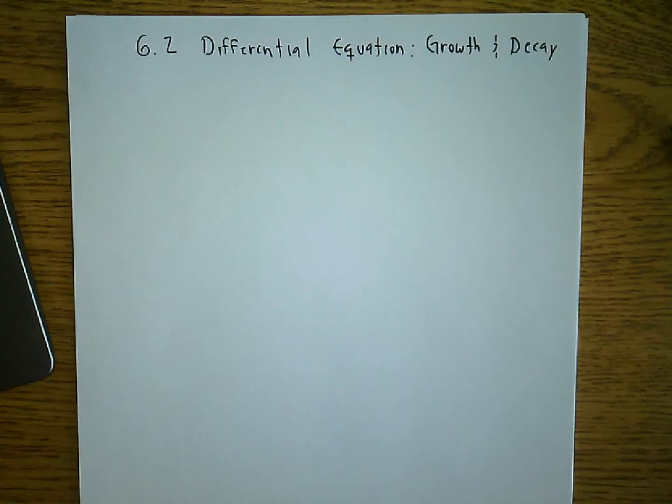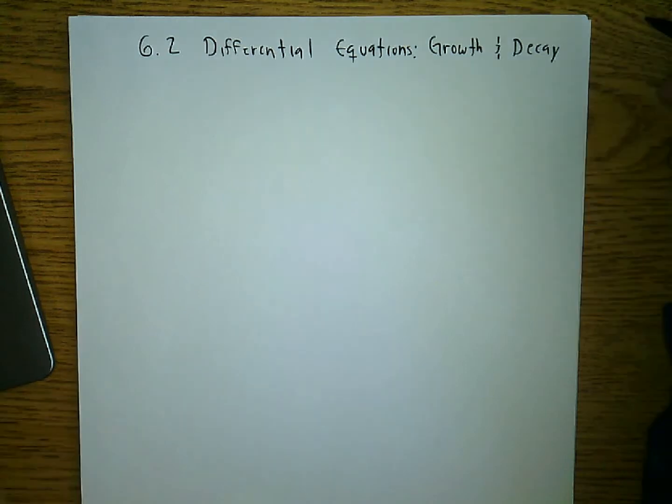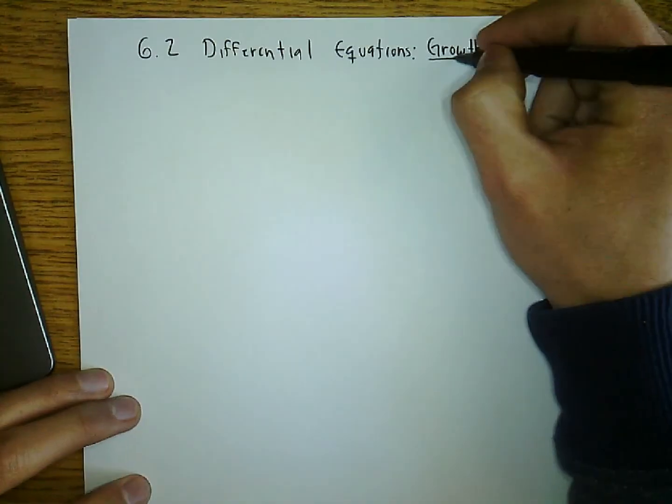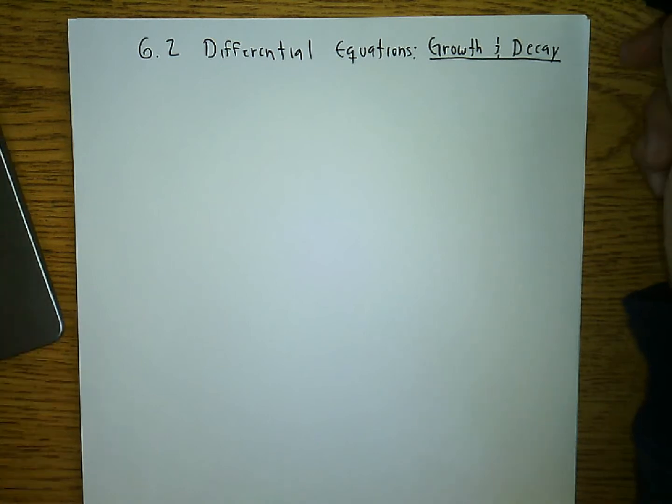Differential equations. Specifically, we are going to talk about growth and decay. Real quick before we begin the lesson, growth and decay is something that you have been introduced to in Algebra 2, I think, or Algebra 1, I don't remember. Do you recall what the equation for growth and decay is? Not really.